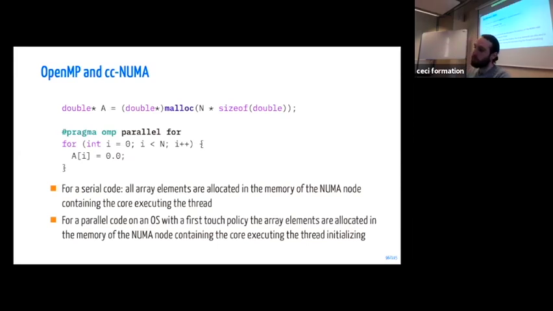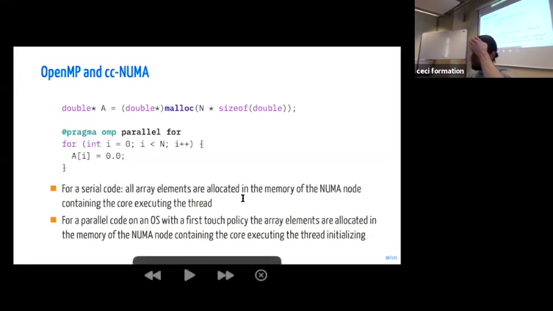Okay? But for a parallel code, and this is for most operating systems, and for Linux at least, it uses a first-touch policy, okay? So it means that the array element is placed on the NUMA node that you touch first, so on the NUMA node containing the core that executes the thread initializing the value.